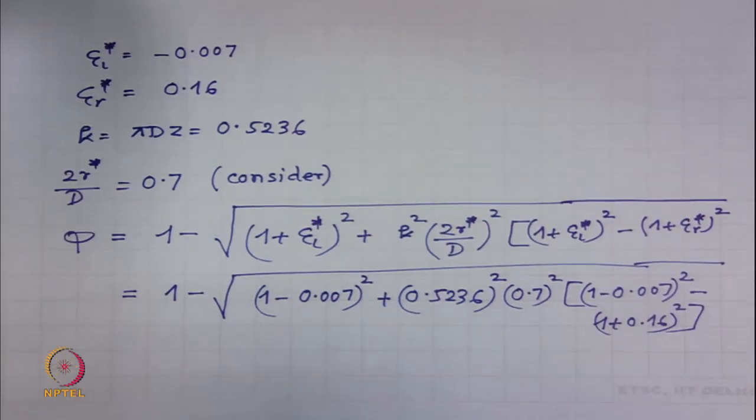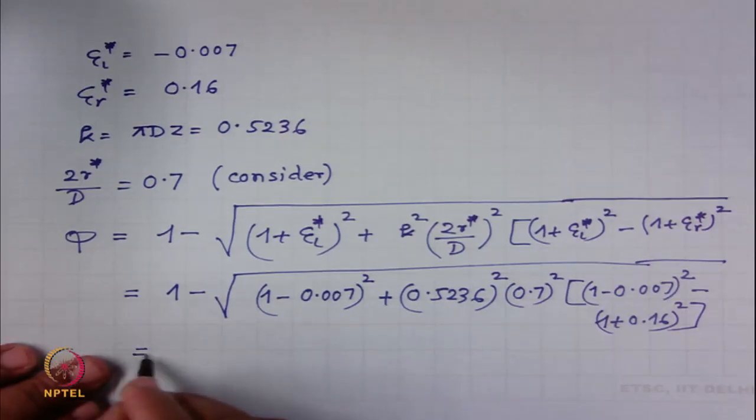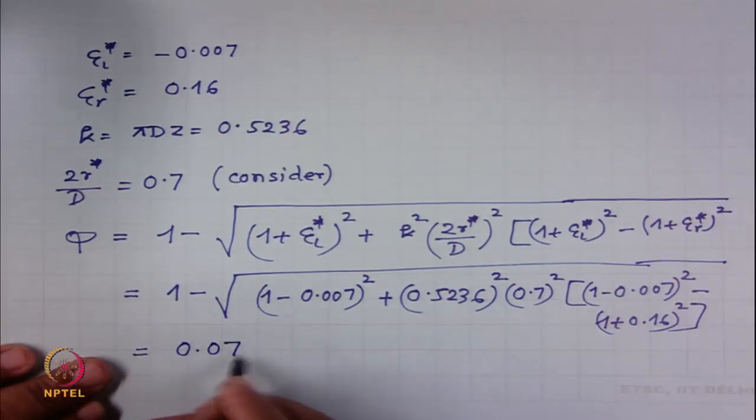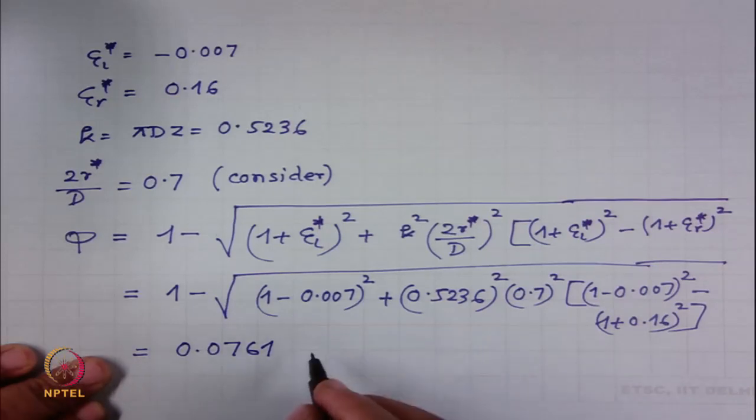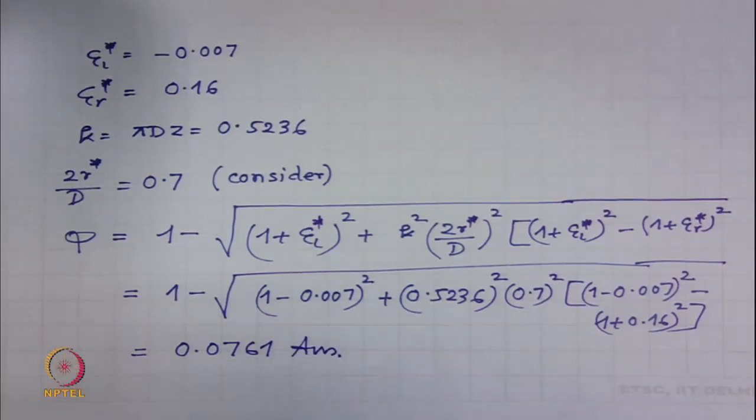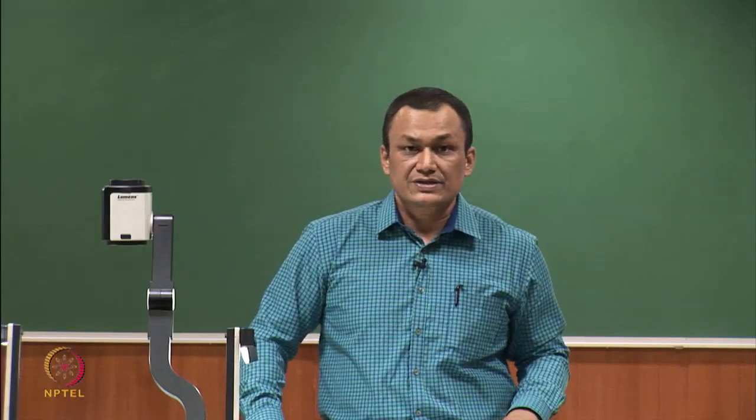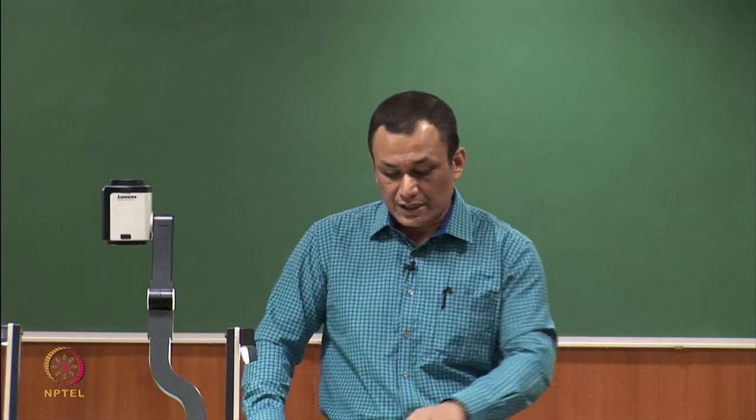All values are given. If you do this, you will get this answer: 0.0761. So, there will be approximately 7.6% shrinkage of this yarn.